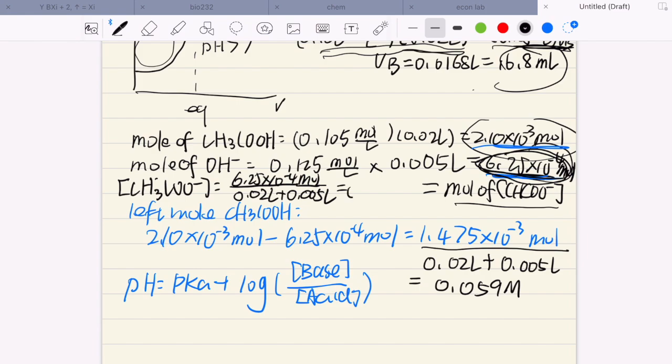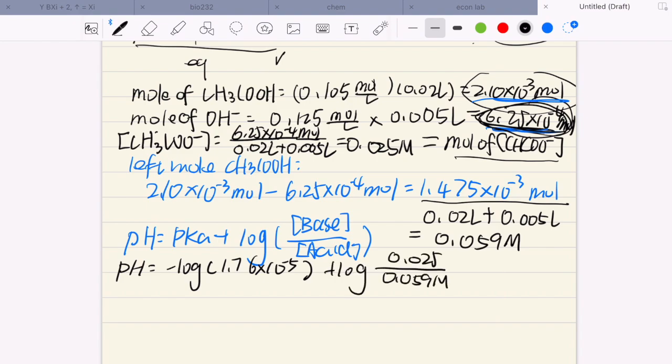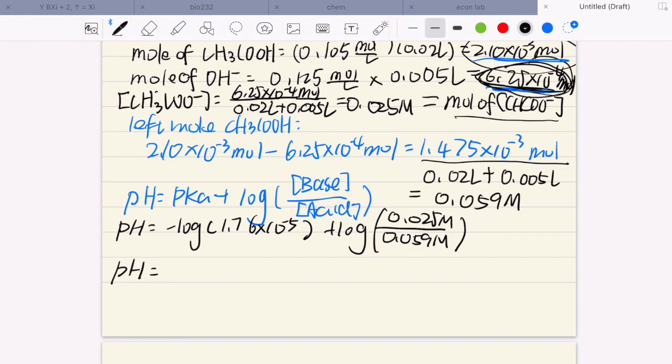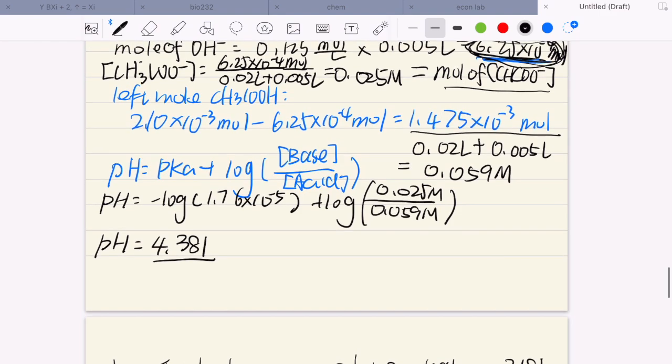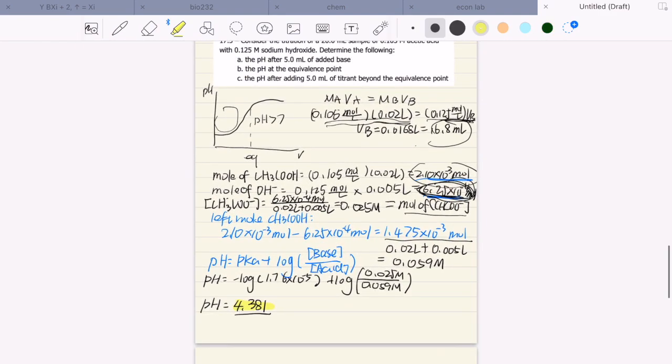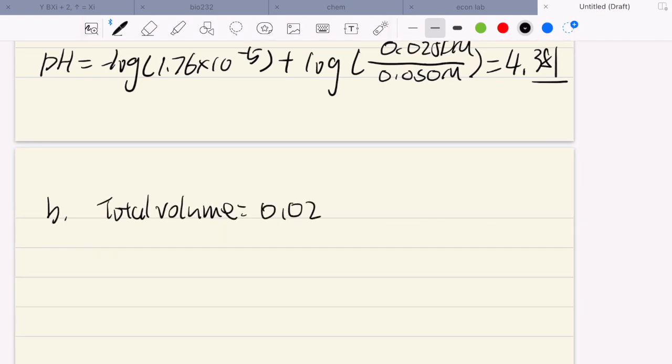So at the same time, we can find the conjugate base. So eventually, we can get the concentrations of those two, the acid and base, and we can calculate the pH. And of course, the pKa can be obtained from the reference sheet, and the eventual number is 4.381, with 3 significant figures. For the next question, we can first get the total volume.